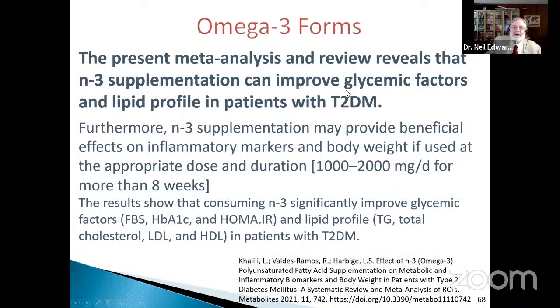And supplementation also improves glycemic factors in patients with type 2 diabetes. The appropriate dose is 1,000 to 2,000 milligrams a day of EPA and DHA, not total fish oil. And that improves glycemic factors, including hemoglobin A1C, insulin resistance, the HOMA-IR, and the lipid profile as well.